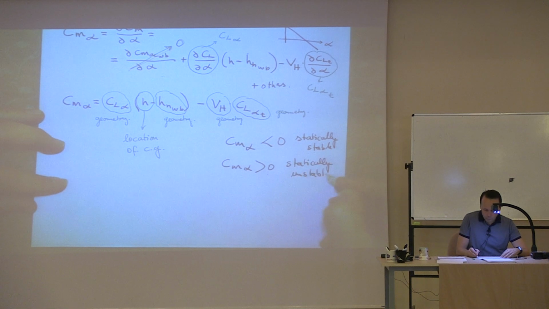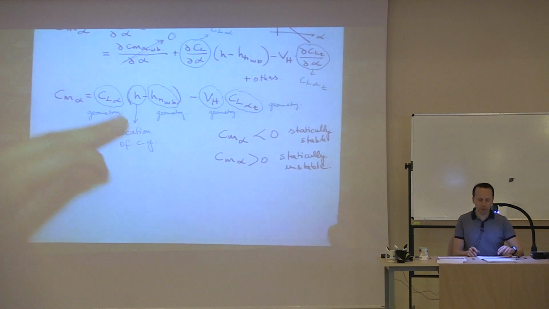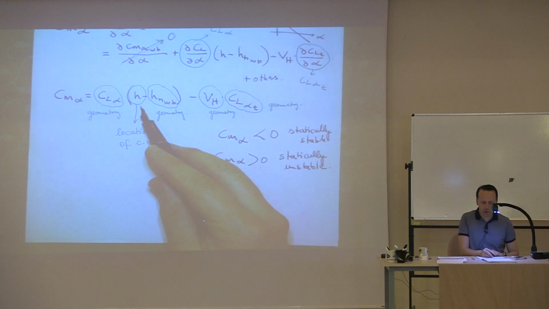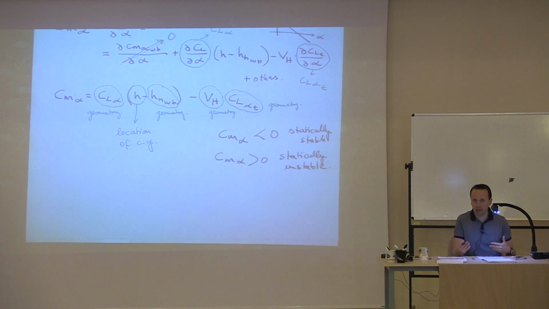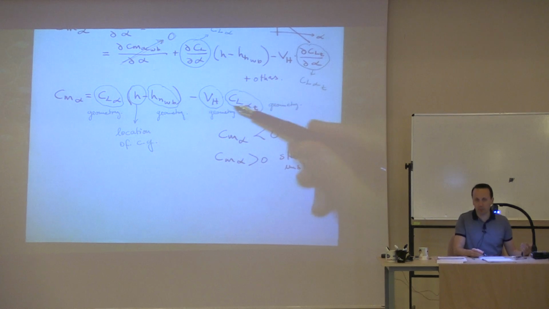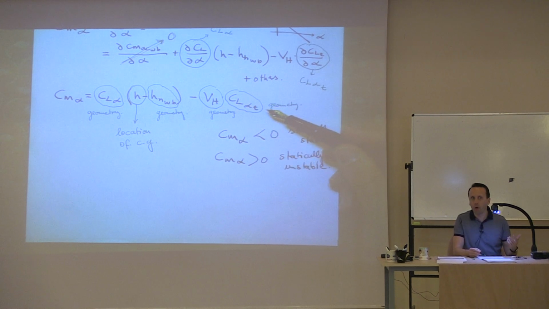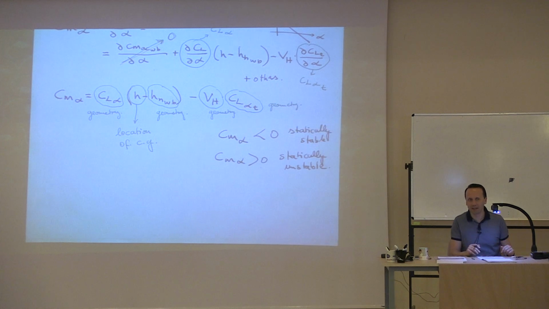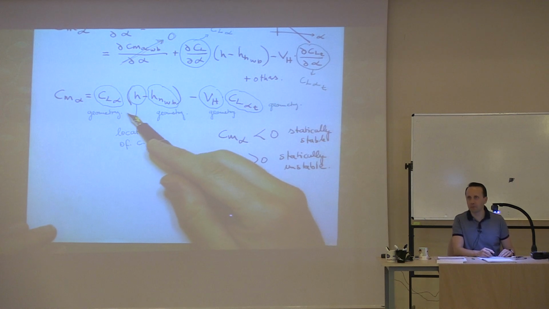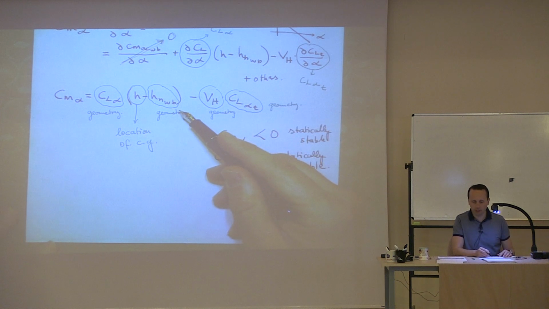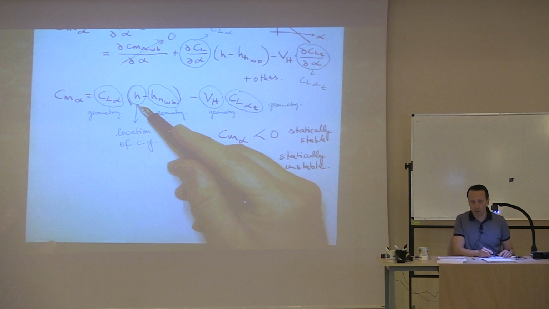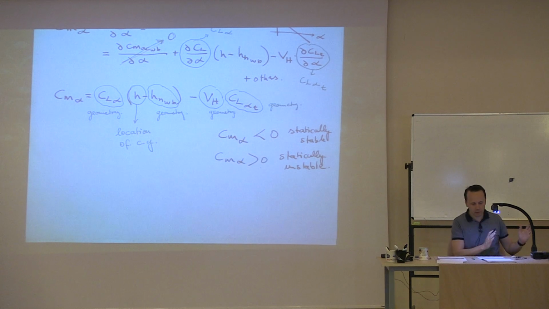And you can see from this equation that you could actually move the location of the CG such that you can make the Cm alpha of this aircraft positive or negative, because VH is a positive number, and Cl alpha, hopefully, is a positive number if you design it nicely. Since you cannot really play with the aerodynamic center, maybe we can play with the center of gravity location to see when we become stable or unstable.